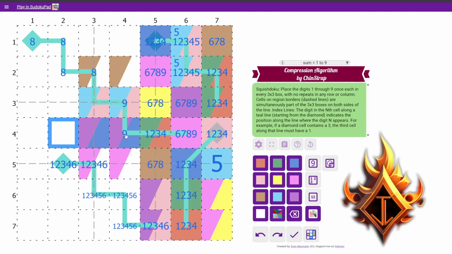So now purple could still be 9. Light pink, however, cannot. So light pink is not 9. Oh, I take that back.